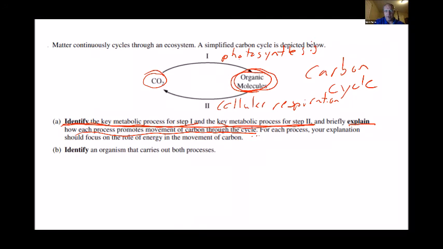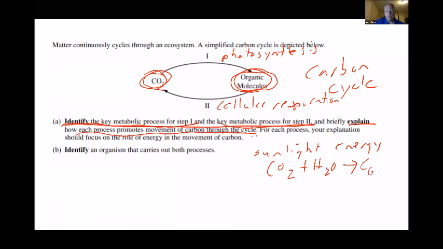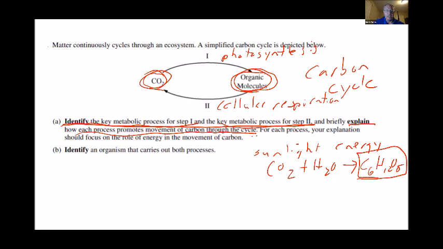So I would say something like, for photosynthesis, for step 1, plants absorb sunlight energy and use that energy to take in carbon dioxide from the air, react it with water to make sugar, which is a form of stored and transportable energy for plants. So that sort of does the explain part for 1.